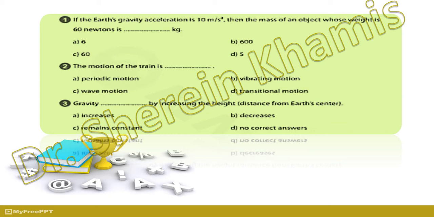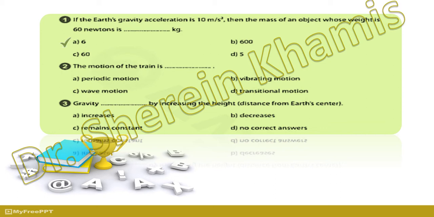So we divide: mass equals weight divided by gravity, or divided by 10. Weight 60 divided by 10 gives 6 kilograms. So the right answer will be 6 kilogram, which is the mass of the body whose weight we measure.